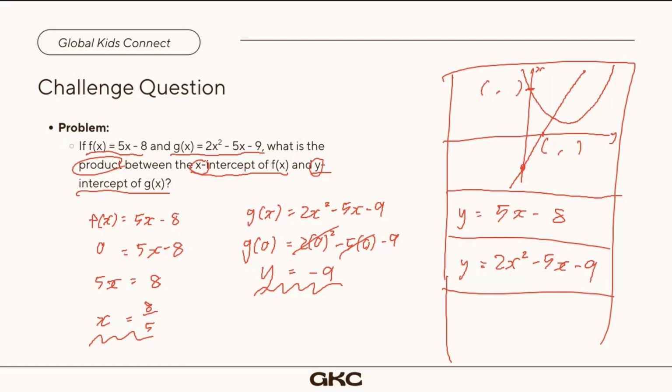For f of x, which was this linear equation, it will show you the x-intercept, 8 over 5 comma 0. And for g of x, it will show you the y-intercept, 0 comma negative 9, which is not correct for this graph. I'll redraw it. One moment. So it'll be something like this. Let's say it's like here. Then this point, it'll give you at 0 comma negative 9.